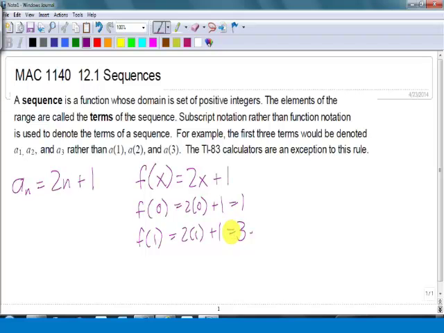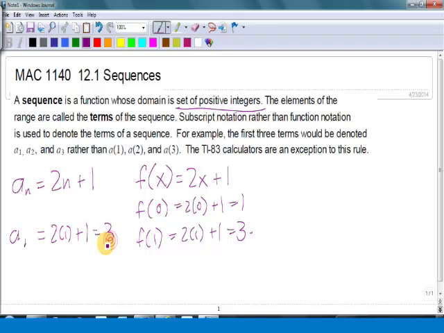For the sequence, we usually don't start at 0. There are some exceptions to this rule, but it says the domain is the set of positive integers, so we begin with 1. So we begin with A sub 1, and if we want to find what A sub 1 is, this is the first term of the sequence. That would be 2 times 1 plus 1.